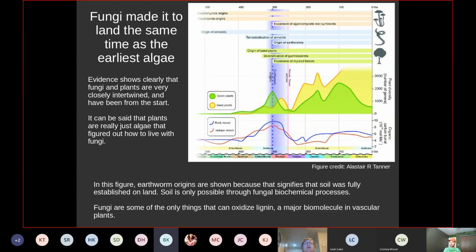Is it around that 300 mark? Earlier. A little earlier than that. So at 300, we're looking at expansion of dryland forests already. So we've got vascular plants taken over. Around 420? Yeah, or so. About 425 million years ago.